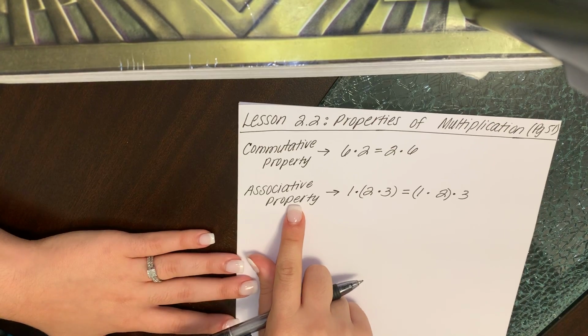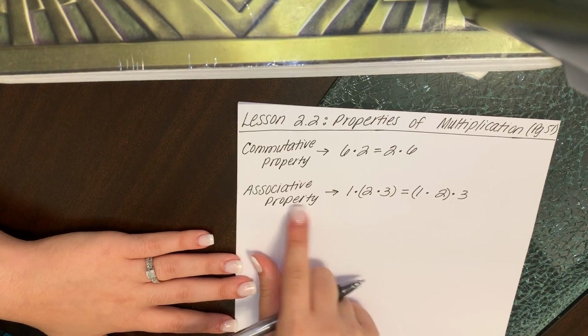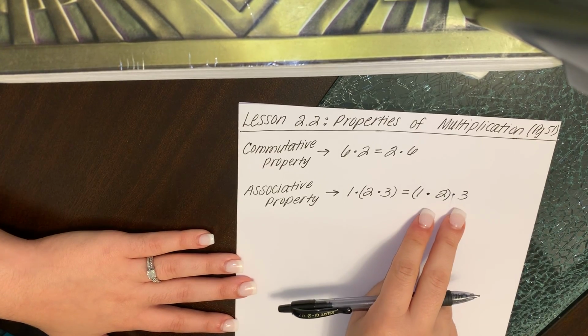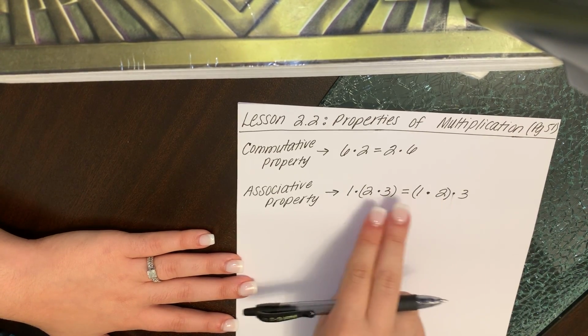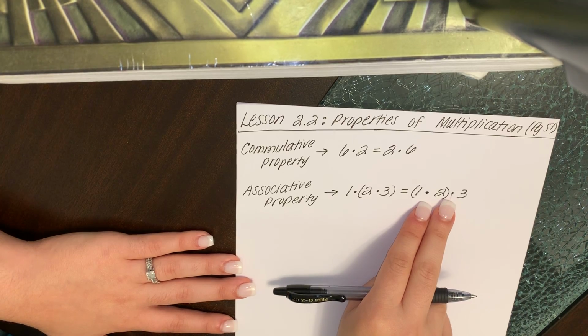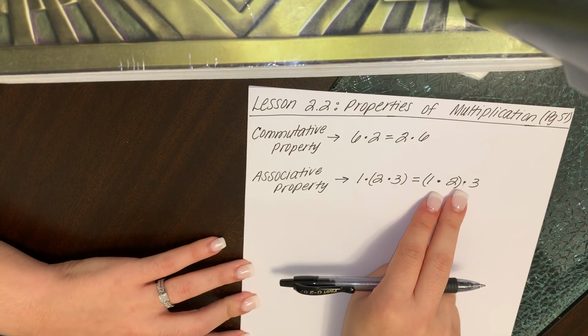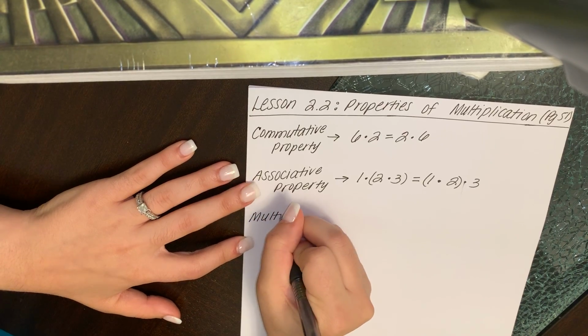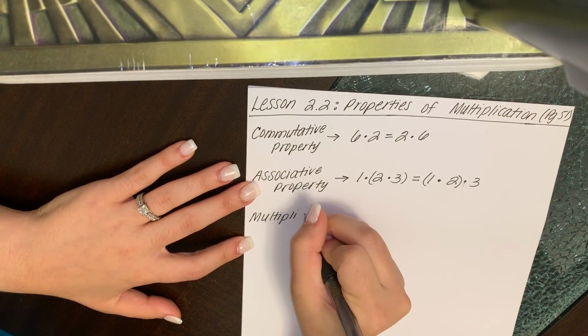And that is our associative property. Remember, we still get the same results no matter how they're grouped, but the numbers inside the parentheses change. The next one I'm going to kind of reflect back on, but it's a little bit different than its addition, is now the multiplicative identity.